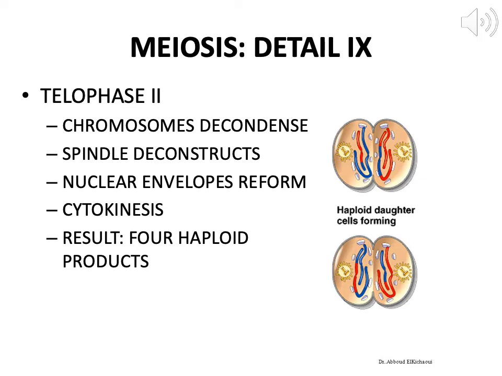And so the nuclear envelopes need to reform at this point. Telophase 2 is essentially prophase in reverse. It's accompanied by cytokinesis, and the result is going to be 4 haploid products, each one of those products containing a single copy of one of the previous chromosomes.